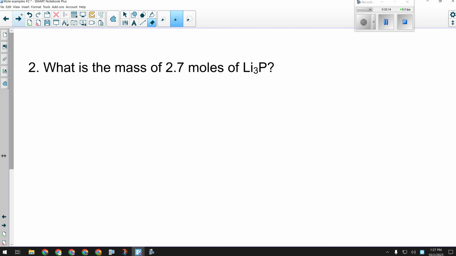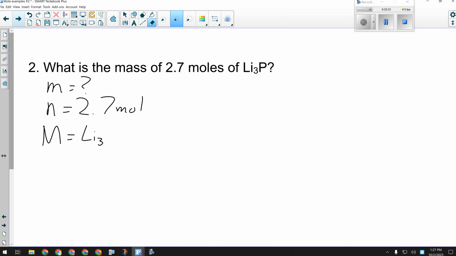Okay, in number 2, we're looking for mass. So in this one, we're looking for little m. That's a type 2 question because we weren't given any number of molecules here. They do tell us the number of moles, 2.7, and they tell us that it is lithium phosphide.